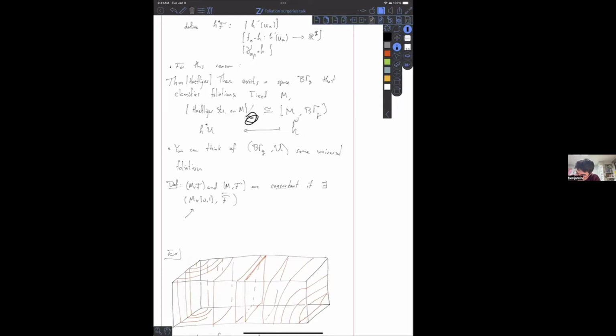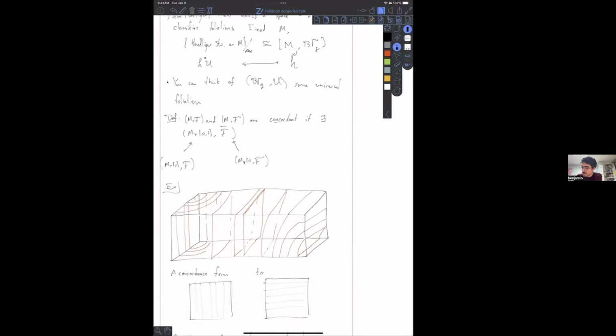You can map M to one end with F, and M to the other end with F prime. And this foliation has to pull back to F on this end and F prime on this end. This is the proper notion of a homotopy, or an integrable homotopy if you like, between Haefliger structures.